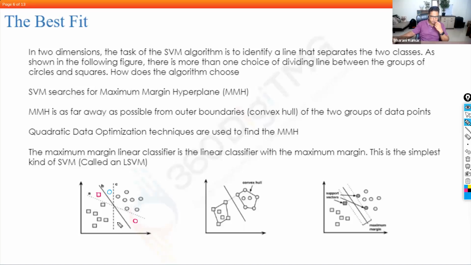Also, if you have a square here, this would be misclassified as a circle because it is falling towards the right of this. So misclassifications are possible.